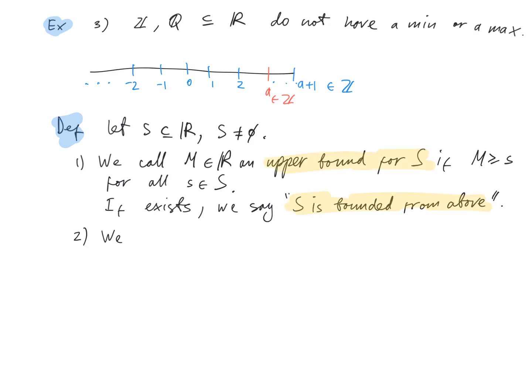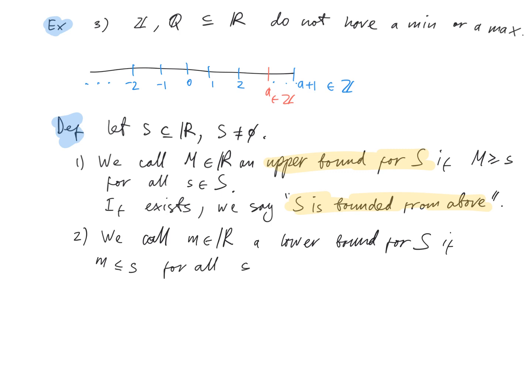Similarly, we call a real number little m a lower bound for S if we have that m is less or equal than s for all numbers little s in the set capital S. If such a lower bound exists, we say that S is bounded from below.